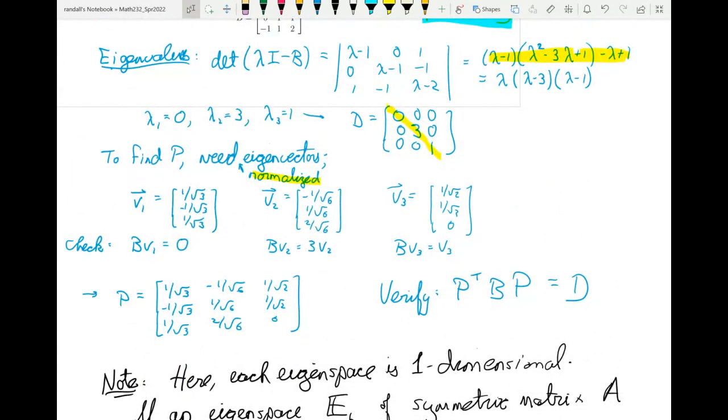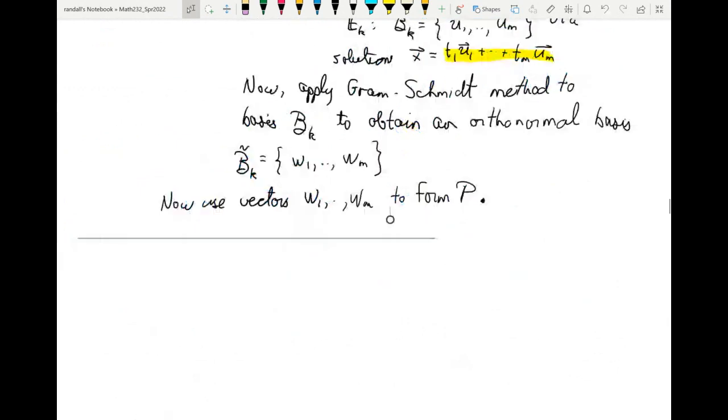But if one of the eigenspaces was 2-dimensional, then I'd have 2 linearly independent vectors as a basis. I'd have to make them orthonormal by applying the Gram-Schmidt method, which wouldn't take long in that case. Remember, Gram-Schmidt means you start with the first vector and normalize it. Then for the second vector, you take the second vector in your linearly independent set and remove from it its projection along the first vector. Then that remaining vector is orthogonal to the first one, and then you normalize it.